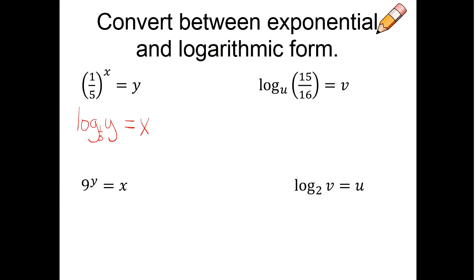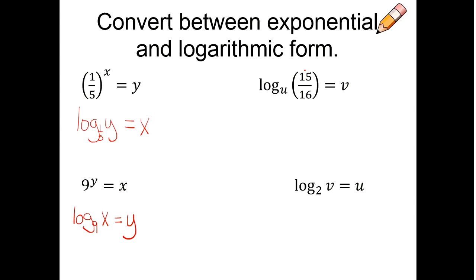Because what exponent is required to go from my base of 1/5 to get me my value of y? Ultimately, that's what it's asking. So let's try another to convert to log. So it's going to be log base 9 of x equals y, because your exponent is always your answer, okay, for a log equation, or the logarithmic form.